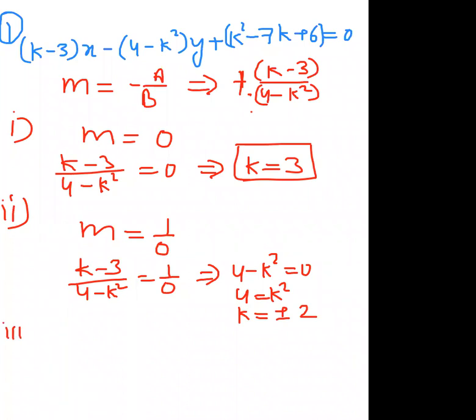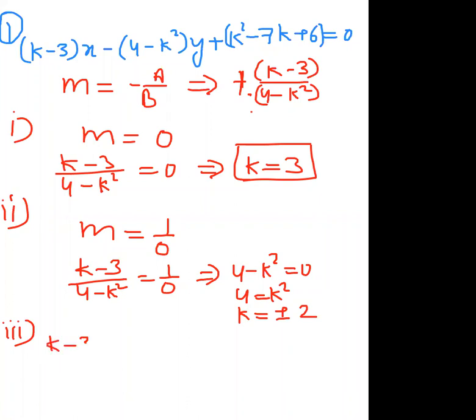Third case, the line is passing through the origin. When a line is passing through a point, the point has to satisfy the equation of the line.